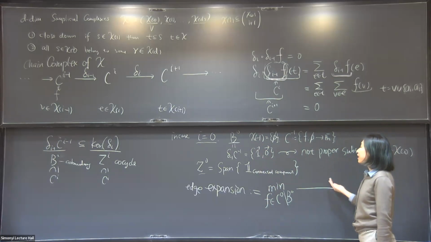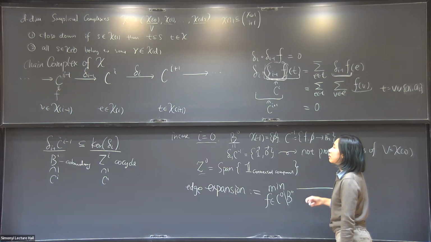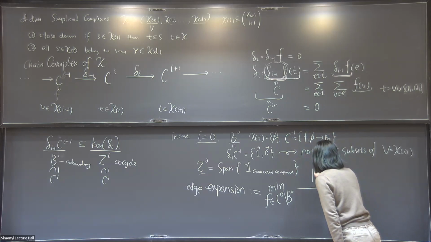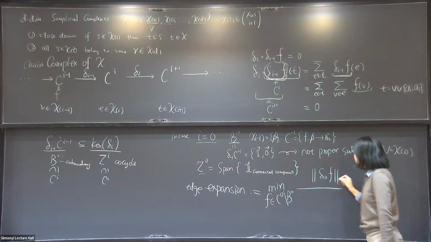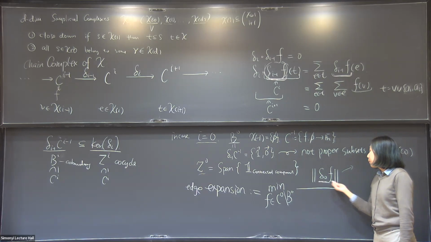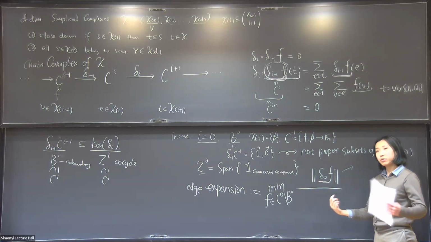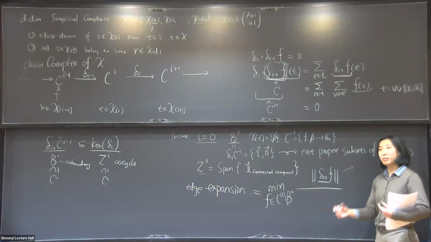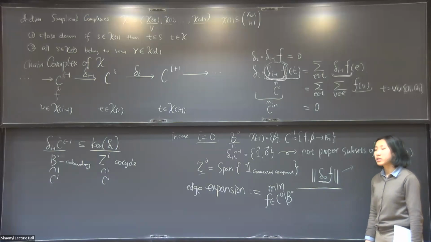So what would the cut size be in terms of all this notation we have? I claim that it will be equal to the norm of delta_0 f. Okay, I probably should explain what the norm is, but delta_0 f, if we think about it, basically is giving us the cut, because the cut edges are exactly those edges that have different assignments to the two endpoints.